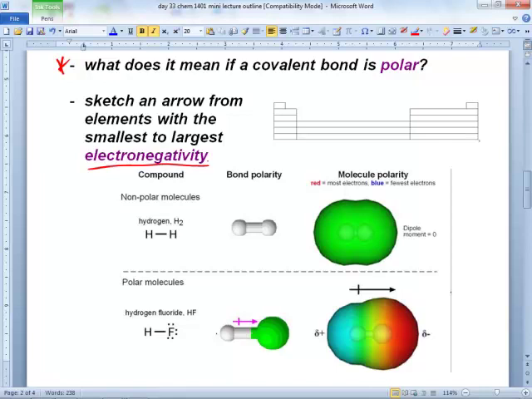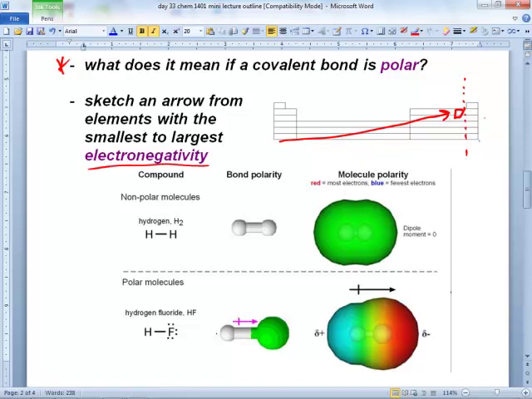Not the nobles, though, because they're happy with 8. Everything wants to get to 8. So it's going to be one of these halogens, and it's the one at the top, fluorine. Fluorine is extremely reactive. So if we want to draw our little trend, you can't include the nobles in this. You have to have your arrow end up going to fluorine. It's just the opposite of which trend? Do you recognize it? The radius, the size trend. It's the opposite of the radius trend.